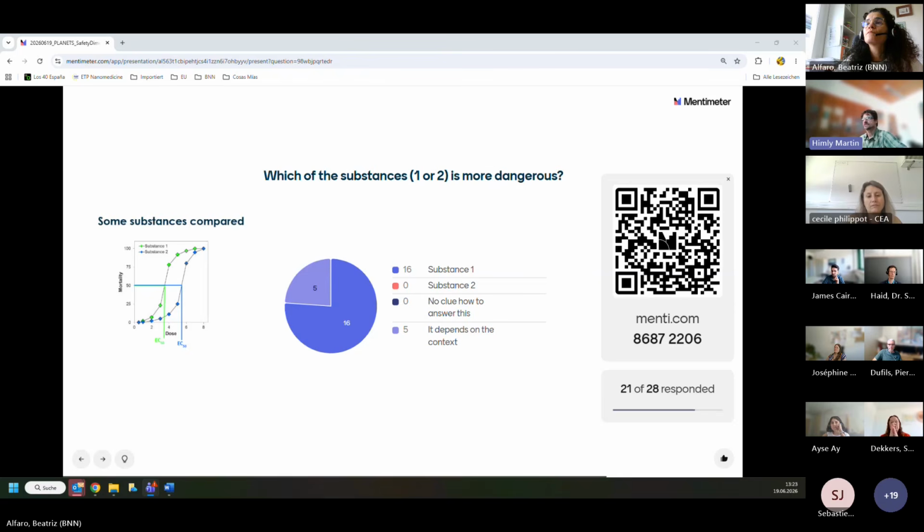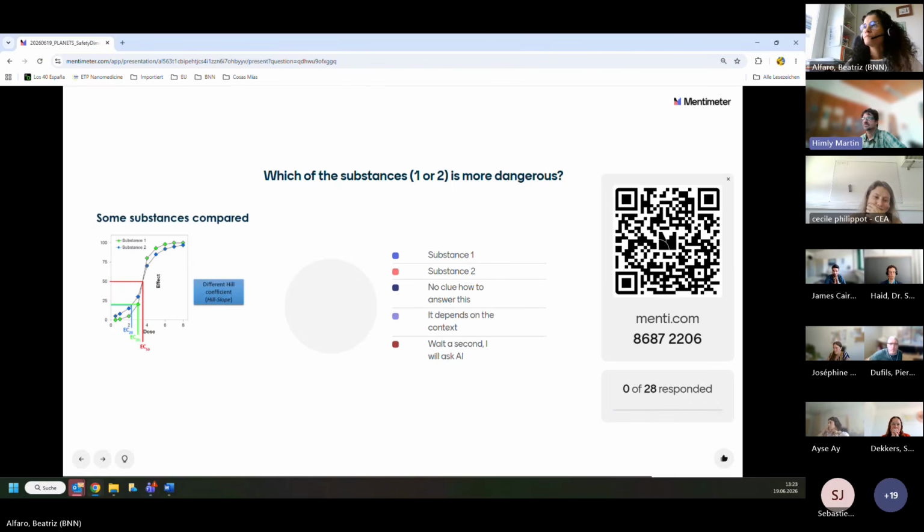Yeah, so it looks as if most people very correctly identified substance 1 with the lower EC50 value as the more dangerous one. So I need less of the substance in order to have the same effect, which is the truth. And everybody was sure how to answer this one. So I guess we can go to the next example.